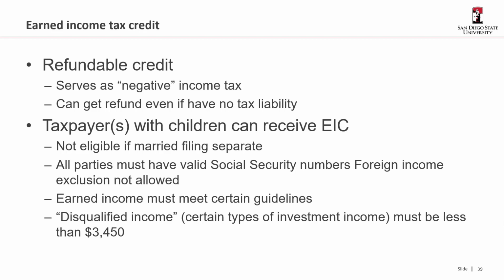And actually, a taxpayer without a child can too, but the income has to be very, very low. If the taxpayers are married filing separate, they can't take the EIC. Everyone must have a valid Social Security number. Earned income must meet certain types of guidelines. And disqualified income, which is primarily investment income, must be less than $3,450 in 2018.